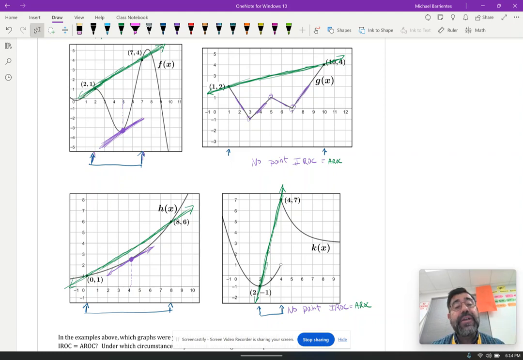I'm going to stop the video here and ask you to think about what special or weird thing is happening with k of x and g of x within the interval that we're looking at, between 1 and 10, or between 2 and 4. Something interesting is happening that's preventing us from finding a point where the slope of the tangent line equals the slope of the secant line. I'll let you think about it, and in video 3, we'll discuss it.